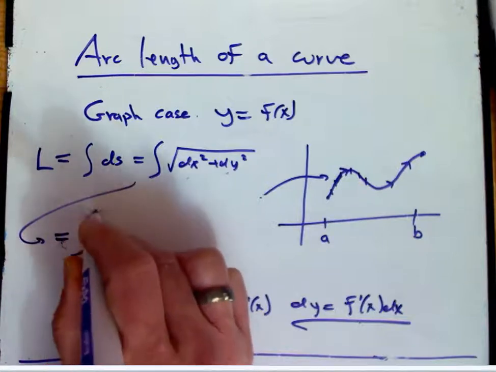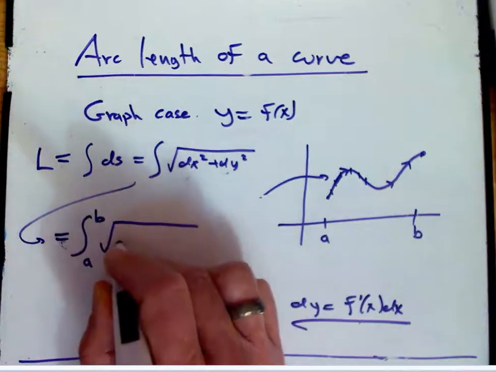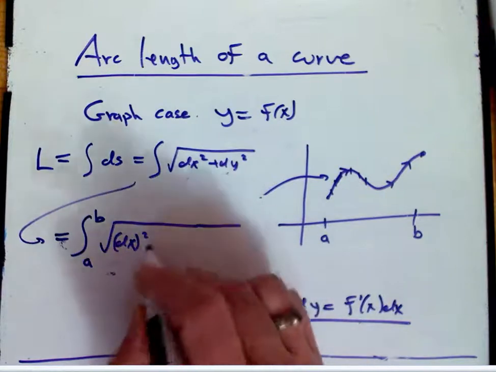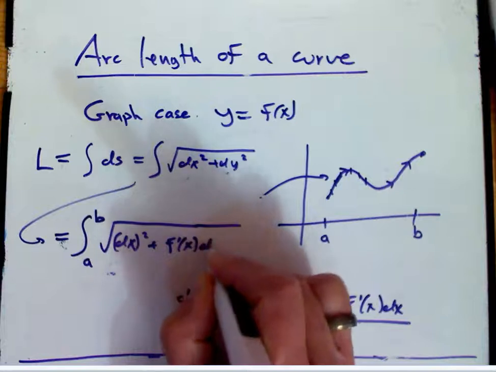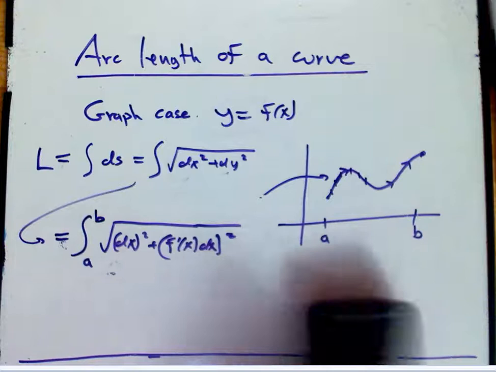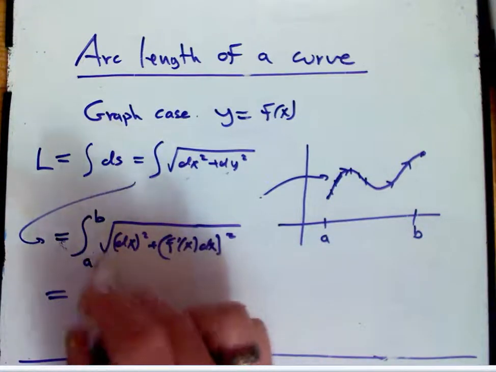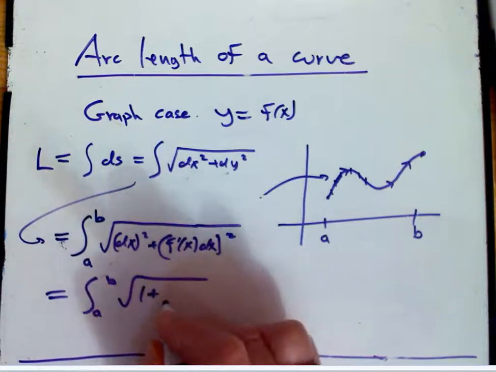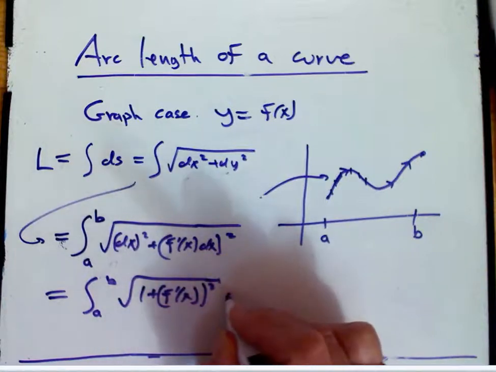And so we're going to get the integral as x goes from a to b of the square root of dx, I'll go ahead and put things in parentheses to be careful, at least during the derivation, squared plus f prime of x dx squared. Okay, so I've used that. And now I get a common factor of dx squared inside a square root. So this guy, 1 plus that squared, dx.